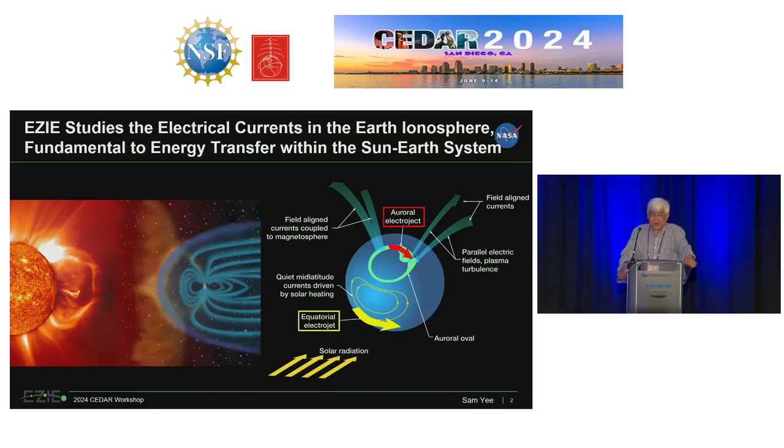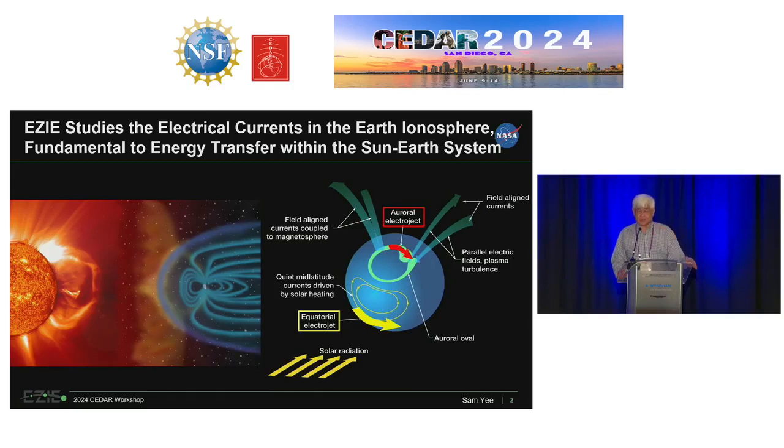So EASY stands for Electrojet Zeeman Imaging Explorers, and it's a mission to study the electrical currents in the Earth's ionosphere. You already heard the previous talk about the wind dynamos, the interactions between the neutral winds and ions, and how it generates the so-called EEJ, the equatorial electrojet. But we're also interested in the high latitude.